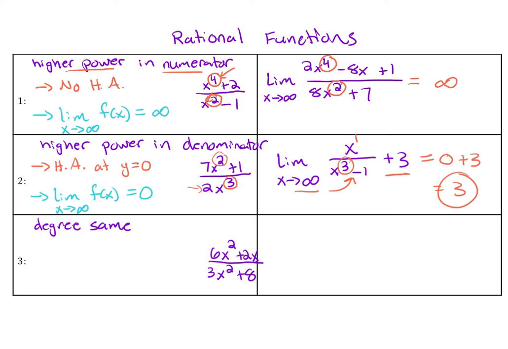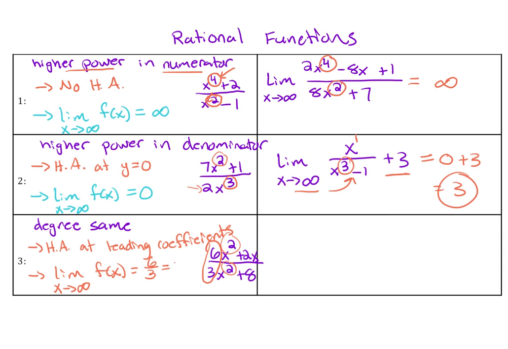Because they have the same degree, 2 and 2, the leading coefficients are where the horizontal asymptote will be. So the limit as x approaches infinity of this function is 6 over 3, which equals 2.